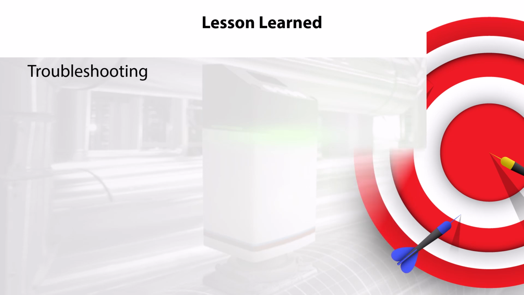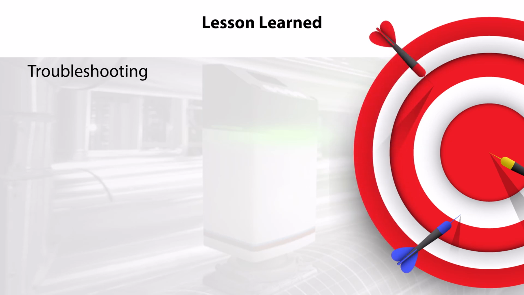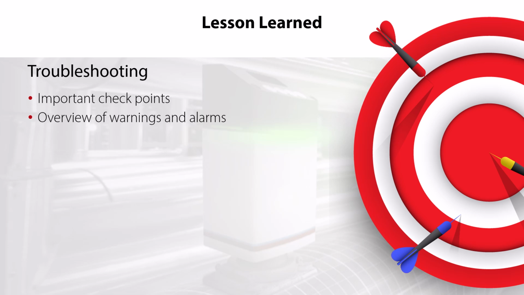So, you have now completed this Danfoss ICAD B troubleshooting video using the ICAD B smartphone app. This means that you know how to do important ICAD B checkpoints before starting troubleshooting. You know how to get an overview of the ICAD B warnings and alarms. You know how to access the alarms in the ICAD B with your smartphone app. You know how to correct the ICAD B alarm A1 regarding that a valve type has not been selected.